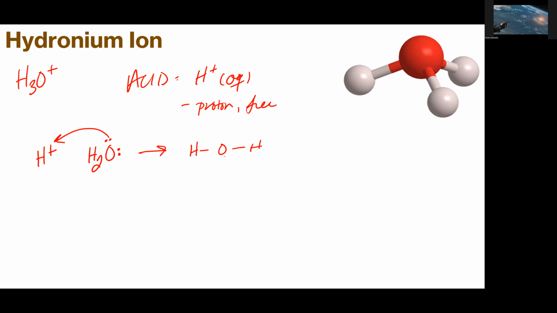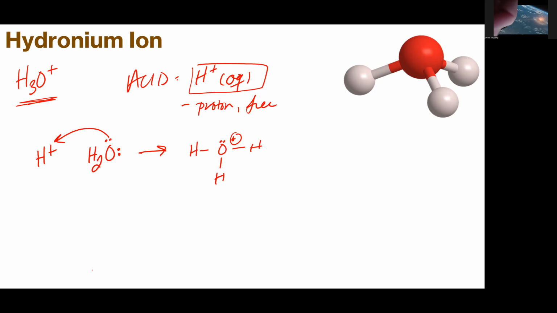I should have drawn this out as a water Lewis structure, but you know what I'm talking about. So whenever we're talking about aqueous H plus, we're really saying this is a hydronium ion, H3O plus. For most of Gen Chem, we can think of H plus and H3O plus as interchangeable quantities. It just differs on how we balance equations.